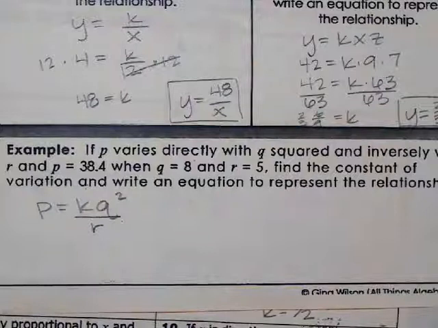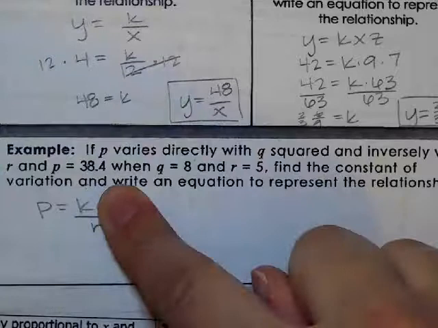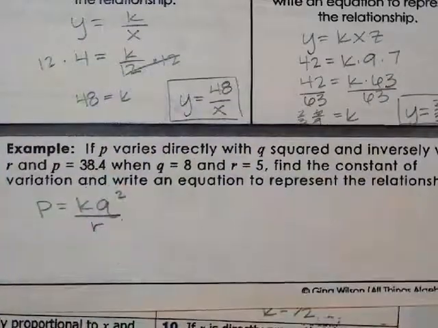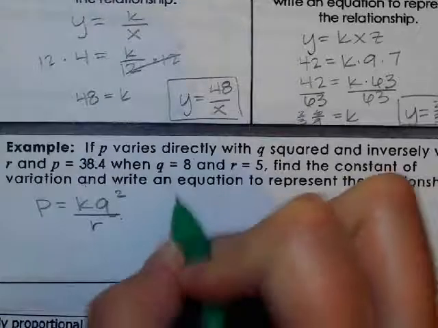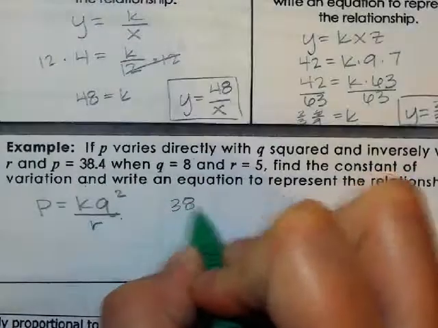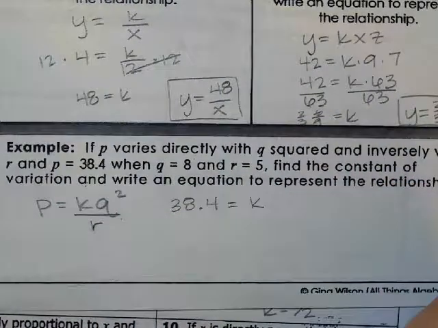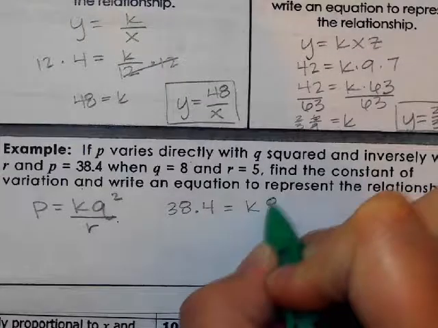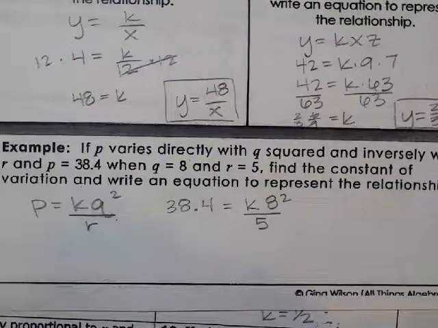Okay, so now we can go ahead and plug our numbers in. So P is 38.4. k is the constant we are solving for. Q is 8. R is 5. We can multiply by 5.